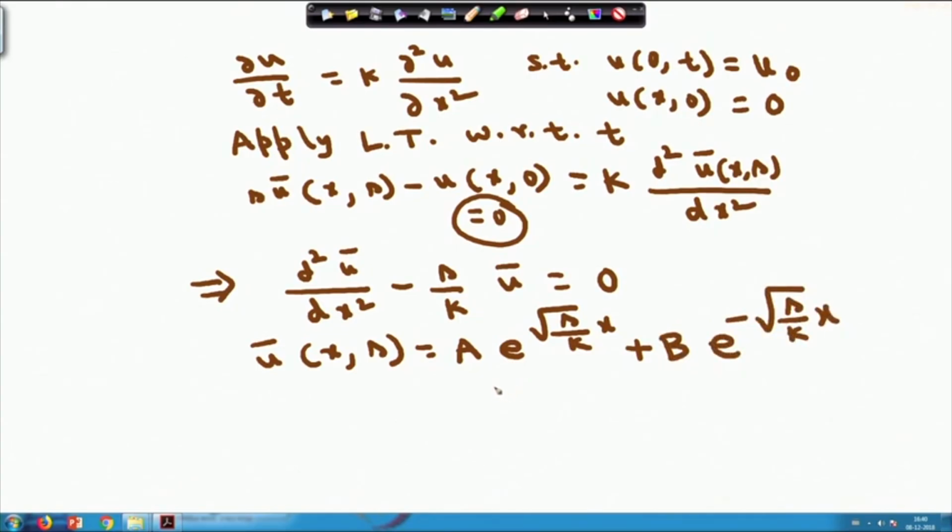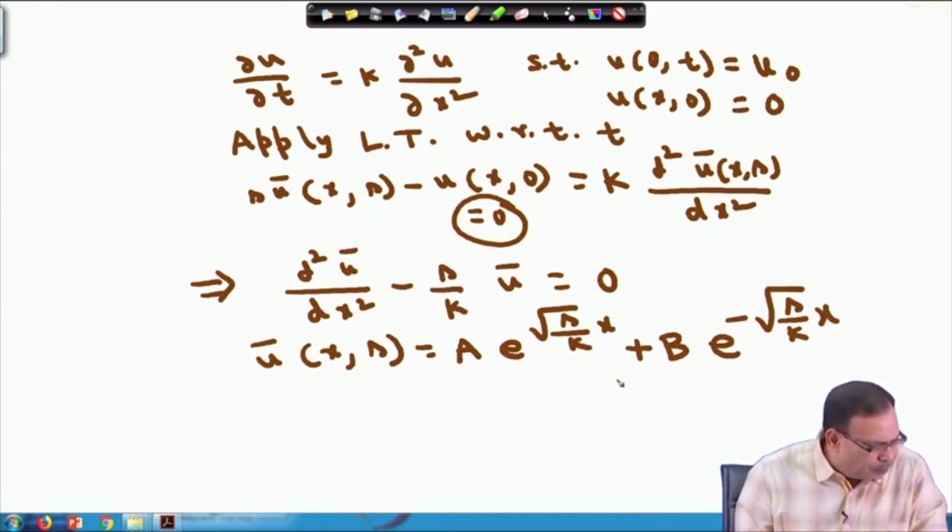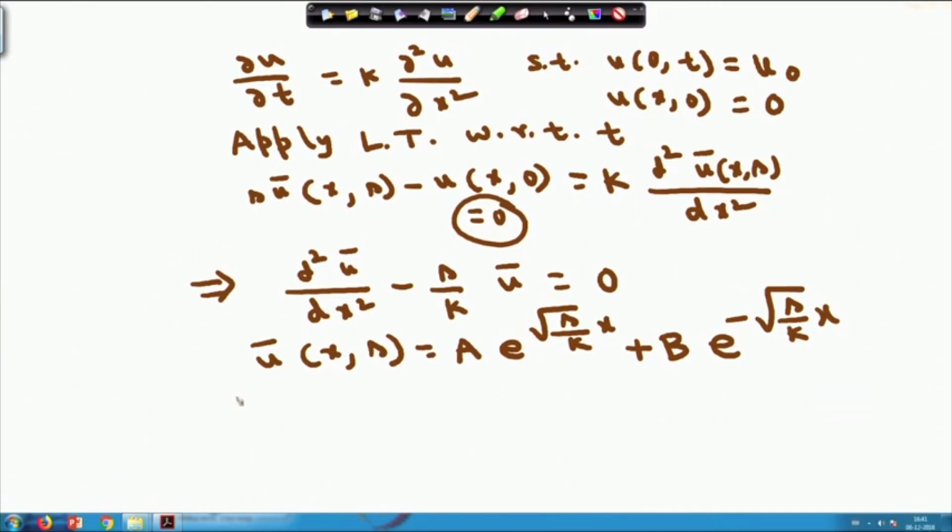Now your job is to first find the values of the constants a and b. Once I find the values of the constants using the conditions, I can obtain u bar(x, s), and once I have obtained u bar(x, s), from there you can directly write u(x, t) by using the inverse Laplace transform.